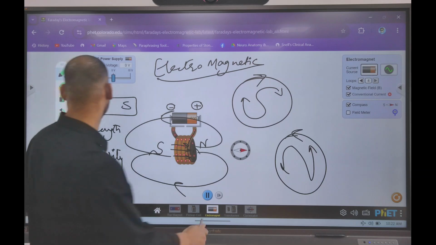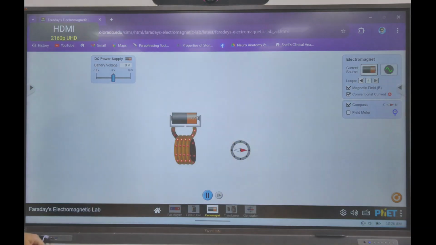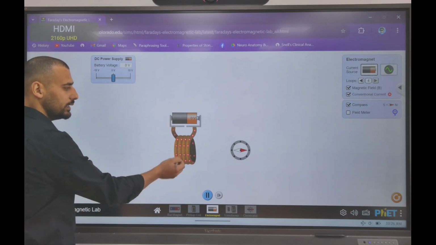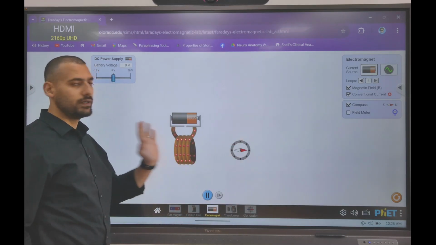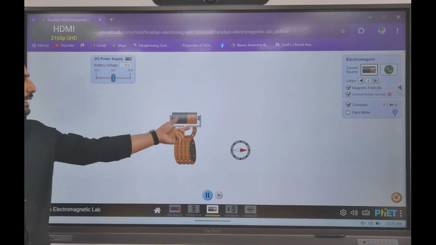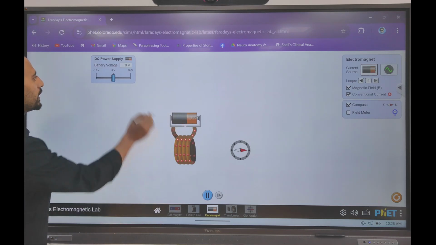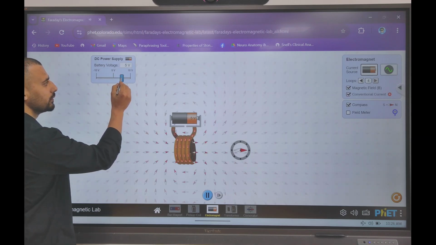Now see what is happening. Initially, no magnetic field is there, okay? Because the battery is at 0 volts. Now I increase the voltage to 5 volts.